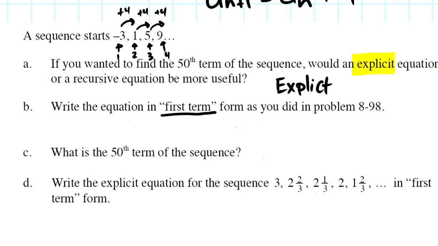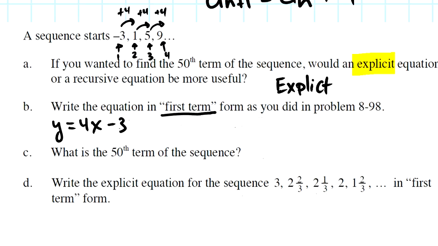I can easily write this using the function rule, but it's not going to be in first term form, so we're going to have to translate it over. So let's go ahead and write just the rule for it, right? The rule is, let's just say that it's a function, y is equal to, we're going up by 4 each time, so I'm going to say 4x and then minus 3.